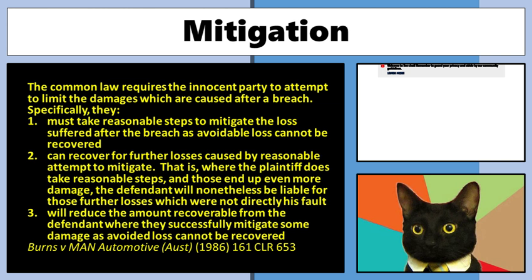But if you did manage to avoid the loss, say for example, I can't buy the ice creams, so you call up one of your other suppliers and they're like, yep, we'll buy them at that exact price, you can't claim for that amount either. That makes sense, because where's your loss?